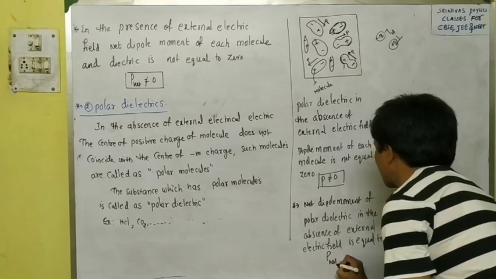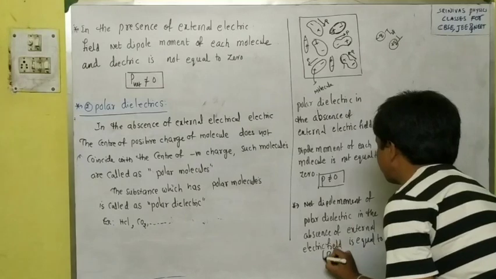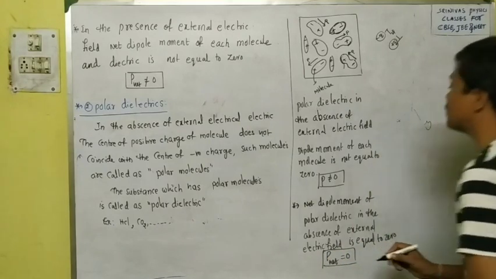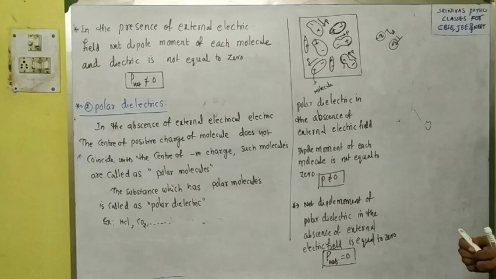Every molecule has a dipole moment, but the net dipole moment is 0.